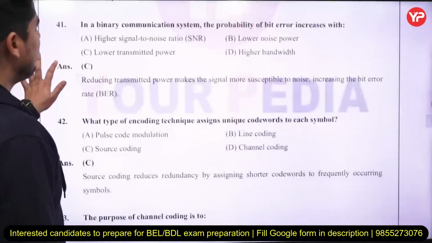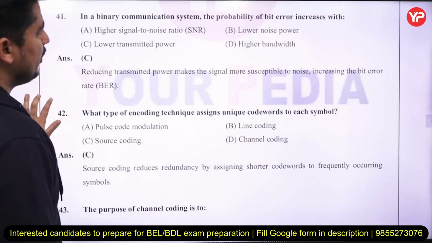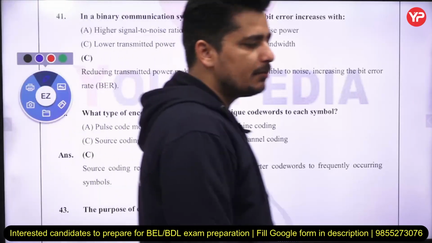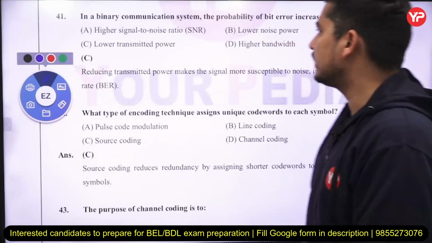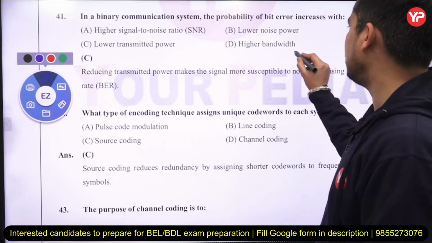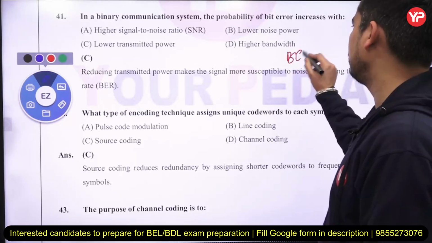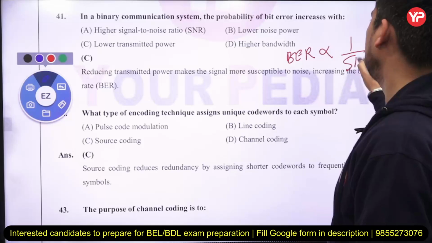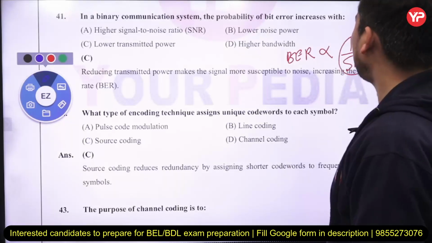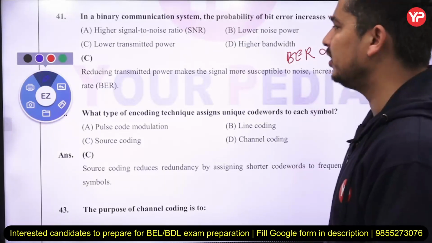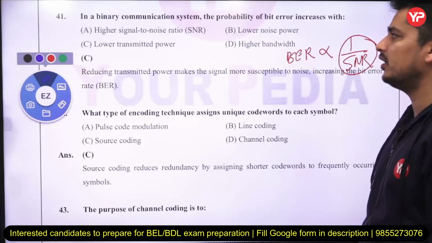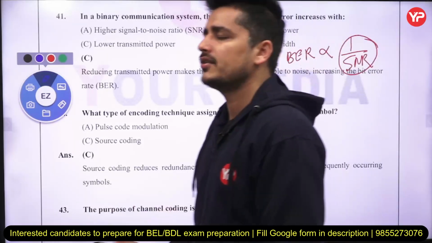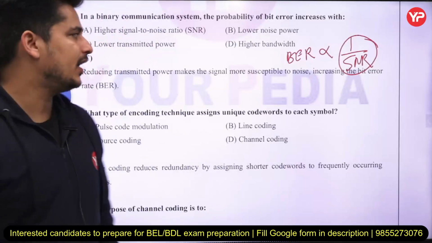Next, in a binary communication system, the probability of bit error rate is defined as... Whenever we are defining the bit error rate, there is a relation. The bit error rate BER is inversely related to the SNR. It is not the exact inverse relation, but whenever you increase the SNR, the bit error rate will decrease.